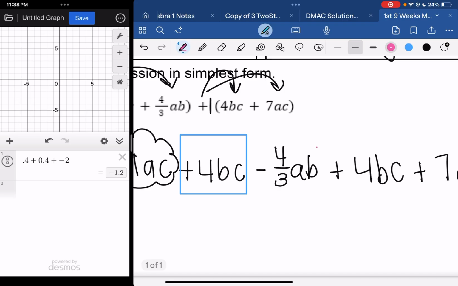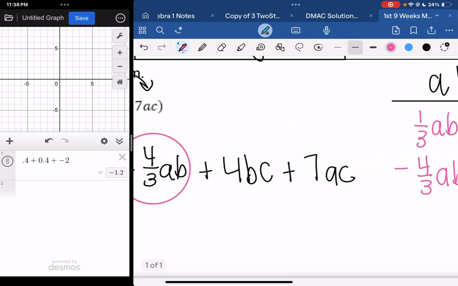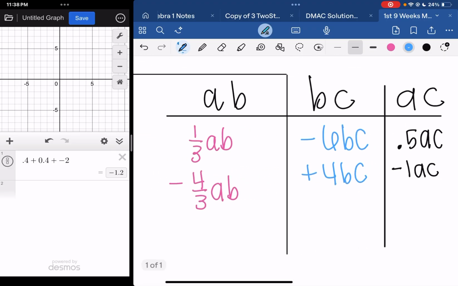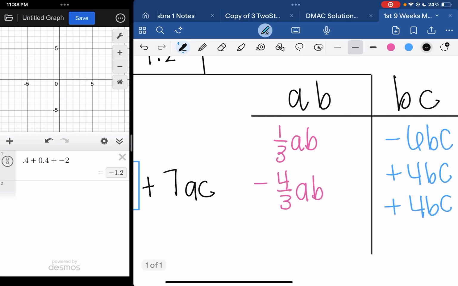Again, all I'm doing is organizing. It's a positive 4BC. And then 7AC.